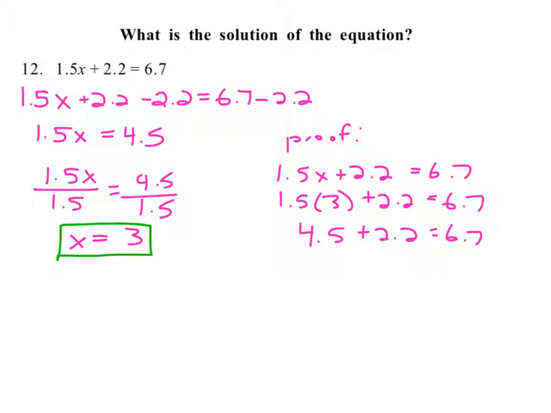And just as a little mental math thing here, we're adding 2 to the 10th place and adding 2 to the 1's place. So adding a 2 to the 10th place makes a 7 there. Adding 2 to the 1's place makes a 6 there. And you get 6.7 equals 6.7. That's true. That's that solution.